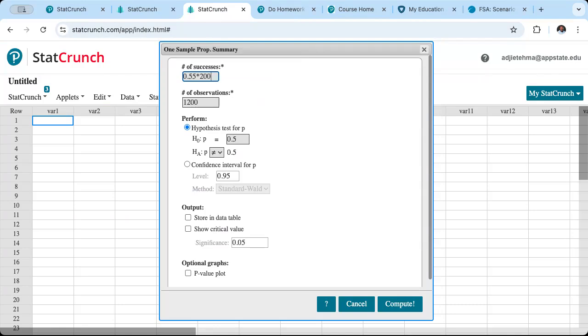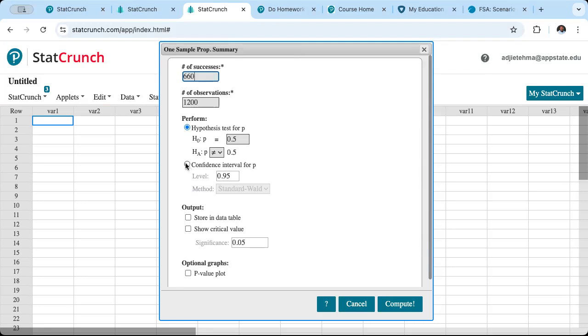I'll just do 0.55 times 1,200. I got 660. So I'd rather put 660 here. Is that okay? That is what I'm going to do. But if you don't have a calculator, you could do that. I think that is also a smart way to do that.